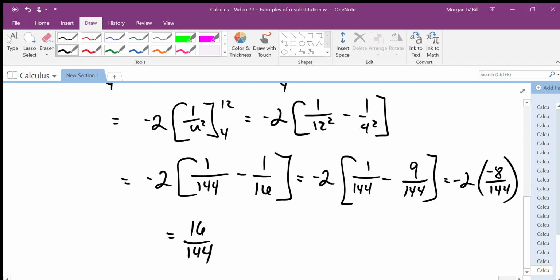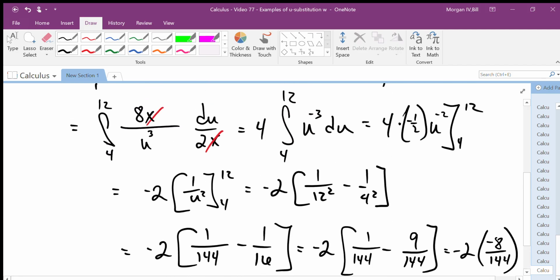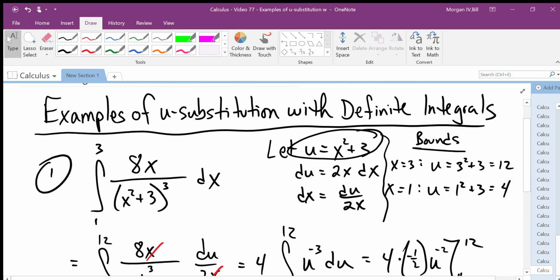And since earlier we said that 16 goes into 144 9 times, this would be dividing both by 16. 16 divided by 16 is 1. 144 divided by 16 is 9. We get an answer of 1/9. So what we're saying is the area under the curve of 8x over x squared plus 3 cubed from 1 to 3 is an area of 1/9.